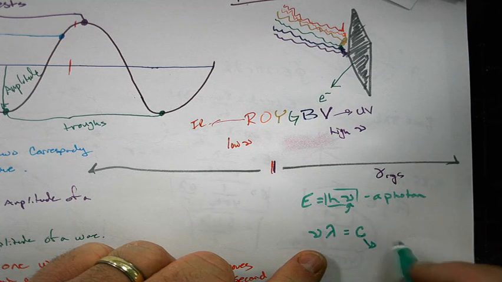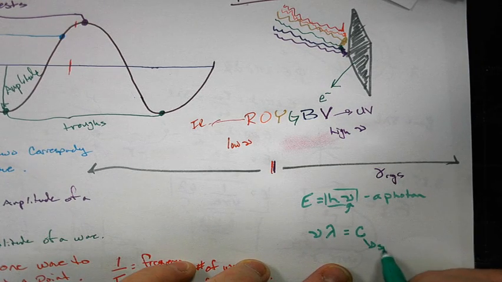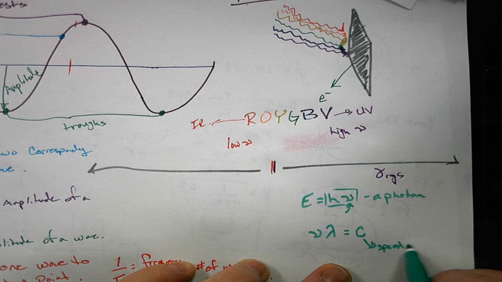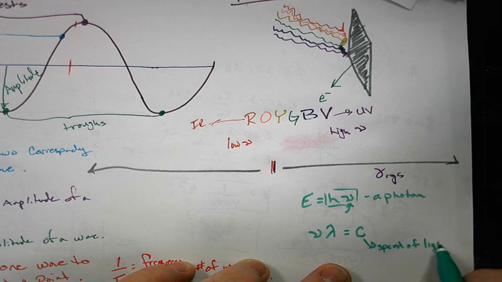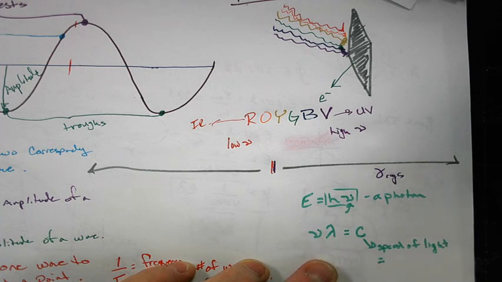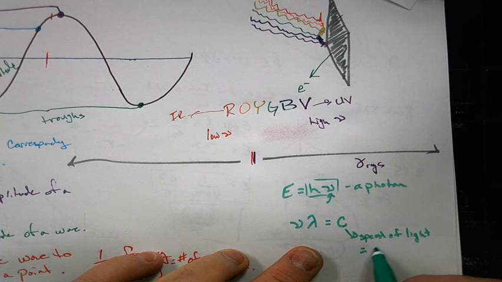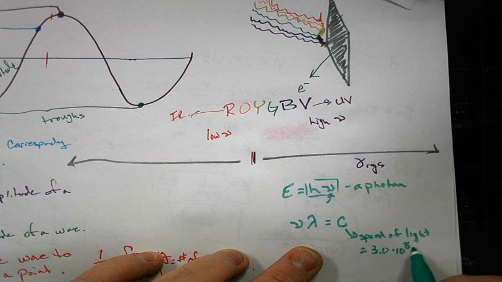The speed of light is given by the letter c, and it equals 3.0 times 10 to the 8th meters per second.